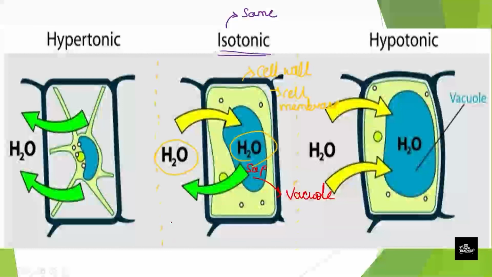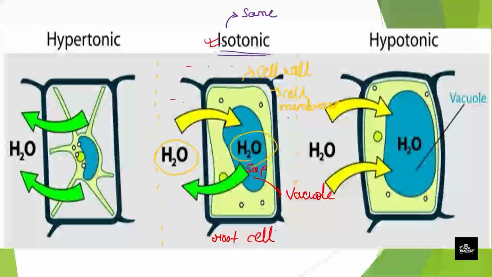Now, moving on with the concept of isotonic. Isotonic solution means that the outside of the cell, that is the surrounding of the cell, and the inside of the cell both have the same concentration of solutions. Let us consider this cell to be a root cell.